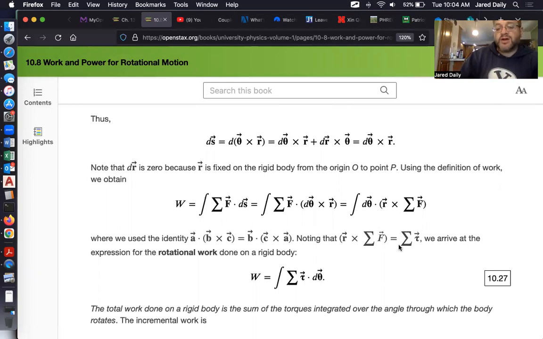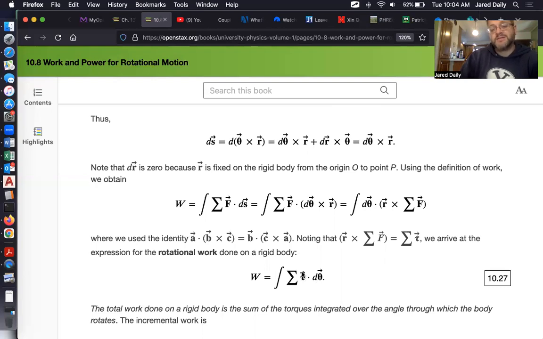They go ahead and do this math, and it turns out that the R goes with the force and makes the torque, with that cross product from this distributive law of vectors. But we end up with the torque dot product with the angle, right?